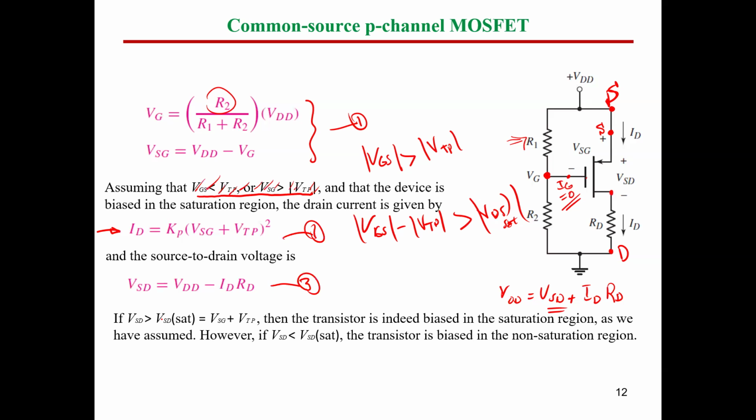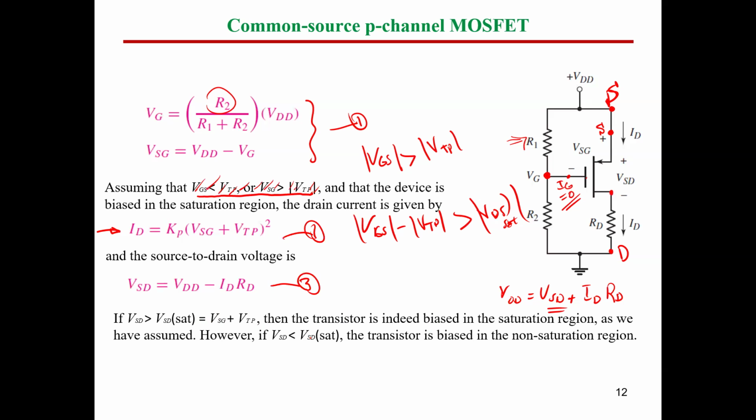So if VSD is greater than VSD saturation, which equals VSG plus VTP, then the transistor is in the saturation region.